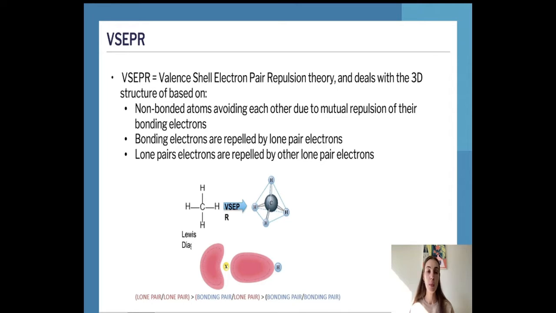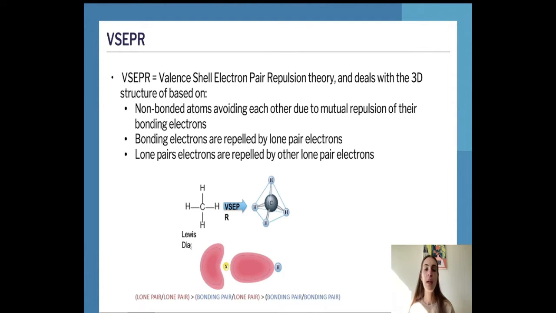Then we can also consider the bonding electrons, and they're repelled by lone pair electrons. That's where we have a lone pair of electrons which aren't bonded to anything else, and they cause a bend away from the rest of the molecule because these electrons repel the electrons in the other parts of the molecule.